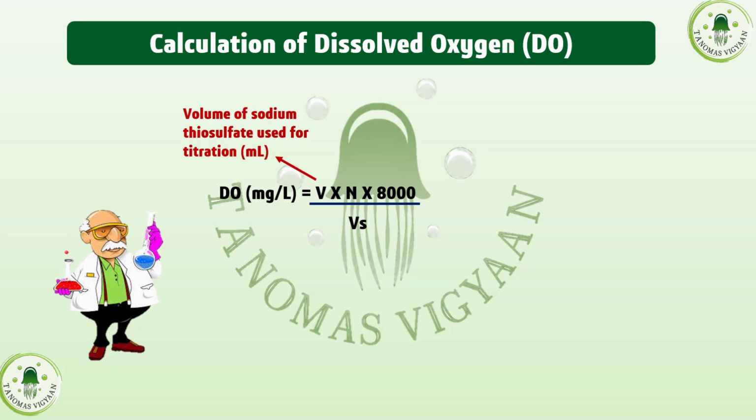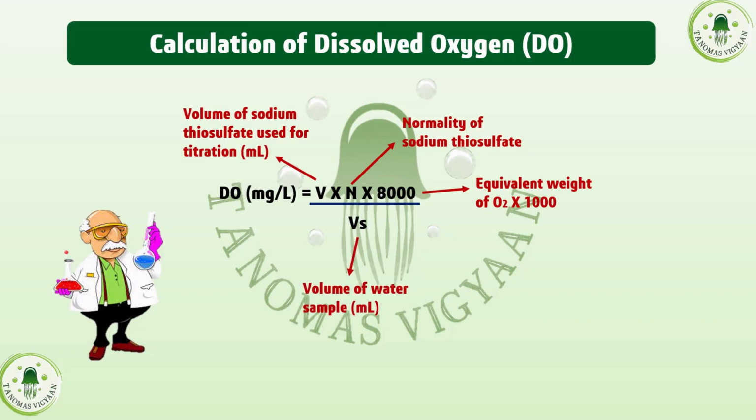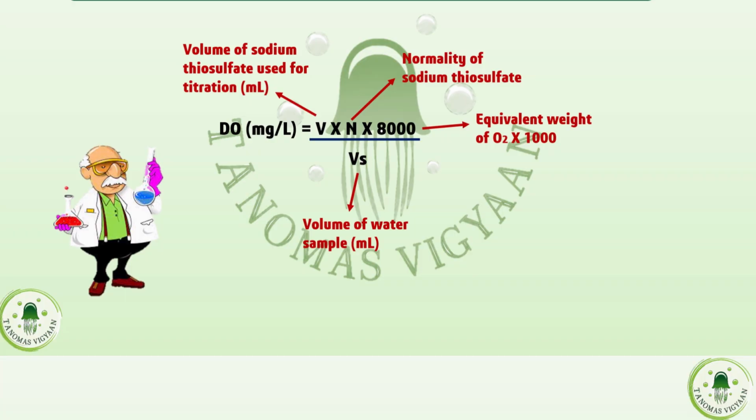V is the volume of the sodium thiosulfate used for titration. Capital N is the concentration, or the normality, of sodium thiosulfate. 8000 is the equivalent weight of oxygen into 1000, and Vs is the volume of the water sample. Clear? So this is the formula of dissolved oxygen.